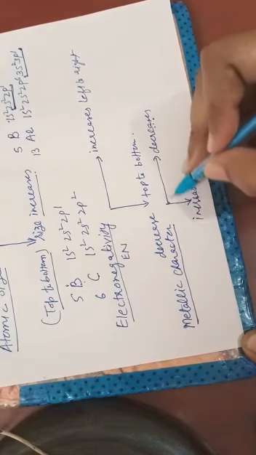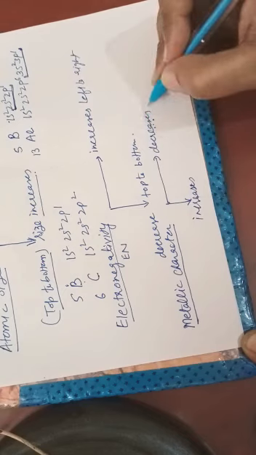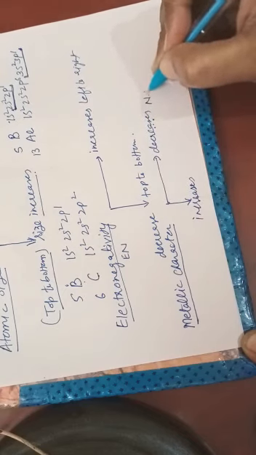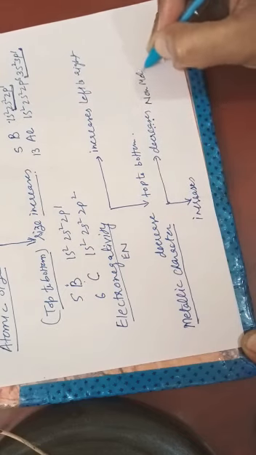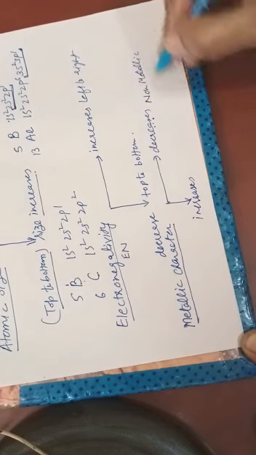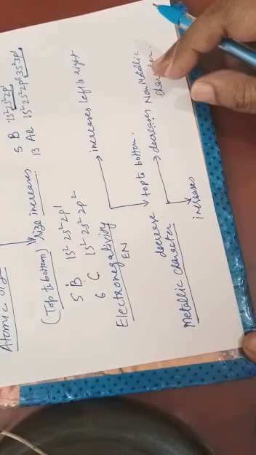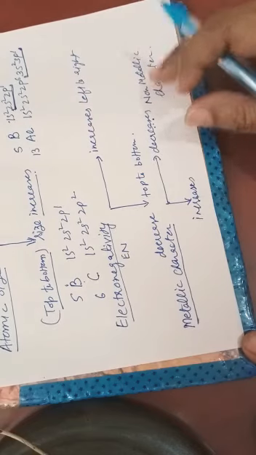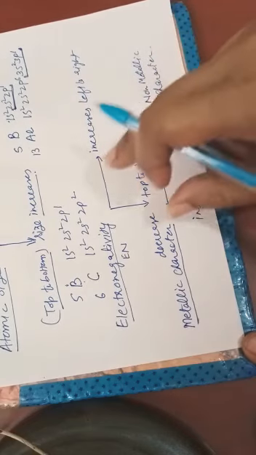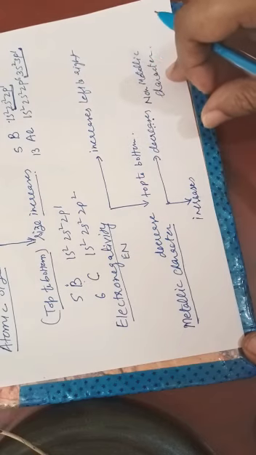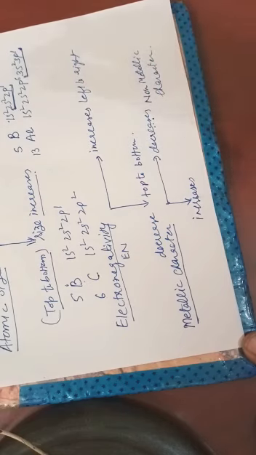So non-metallic character increases when we are moving left to right. This is all about the three properties we have studied here: atomic size, electronegativity, and metallic character.